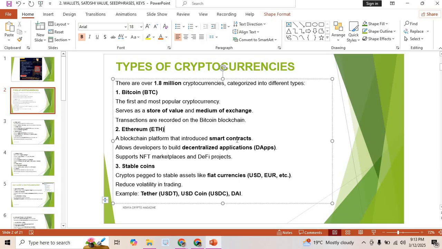But remember, the data that you're giving them for free, they are monetizing it. So what Ethereum came to do, it came with a technology that decentralizes applications, meaning that instead of these people using your data for free, you as a user can actually earn from them using your data.